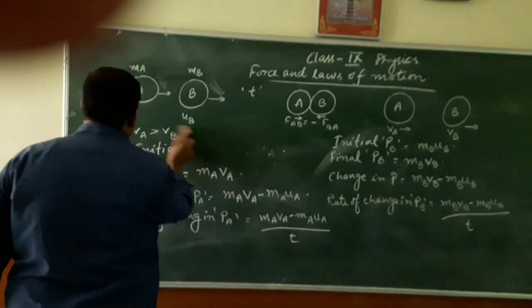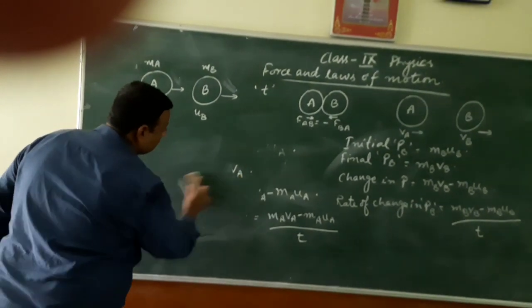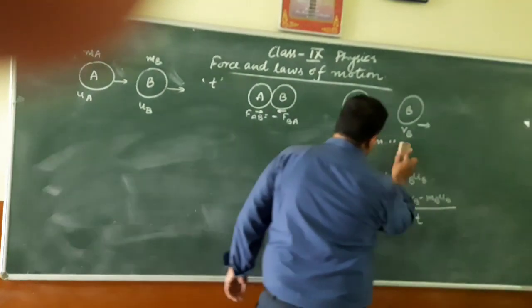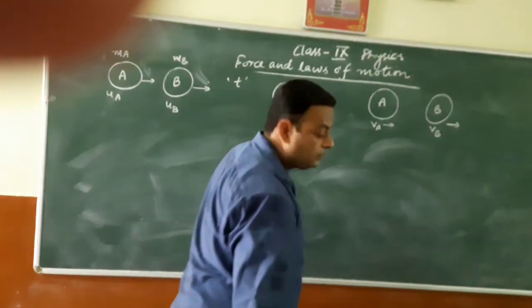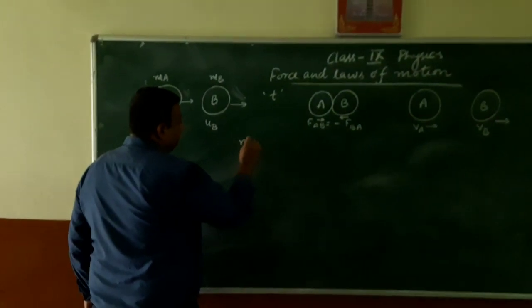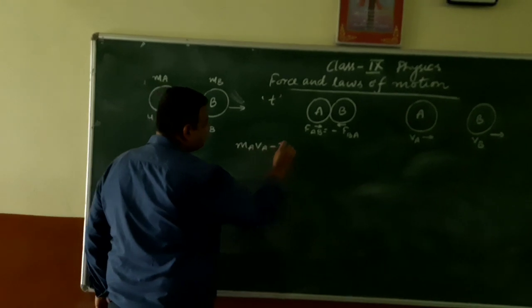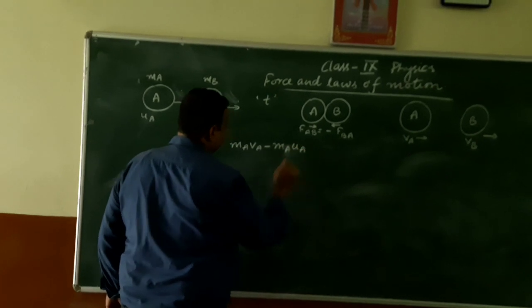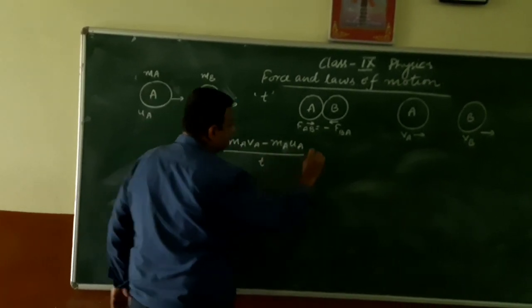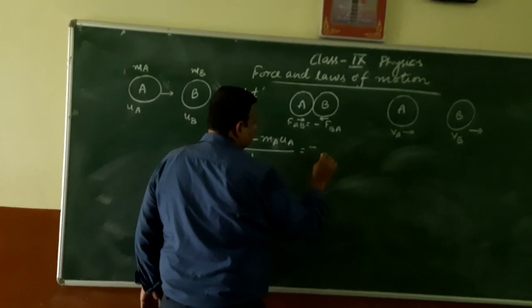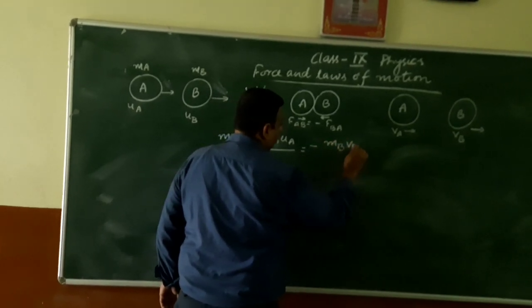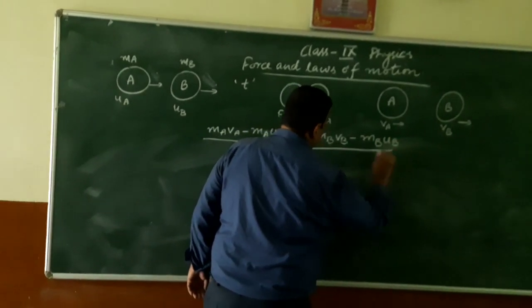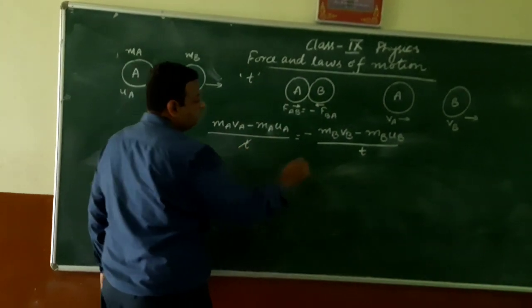So we can write MA VA minus MA UA upon T is equal to minus MB VB minus MB UB by T. Now T will be cancelled out.